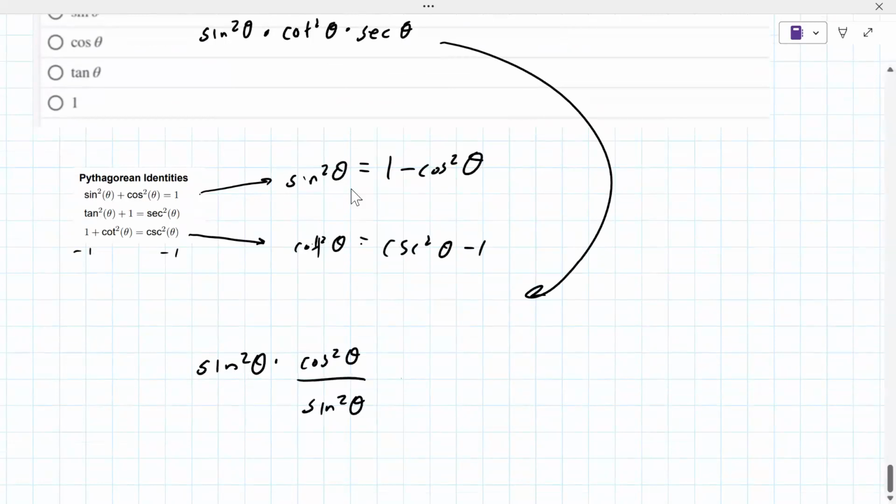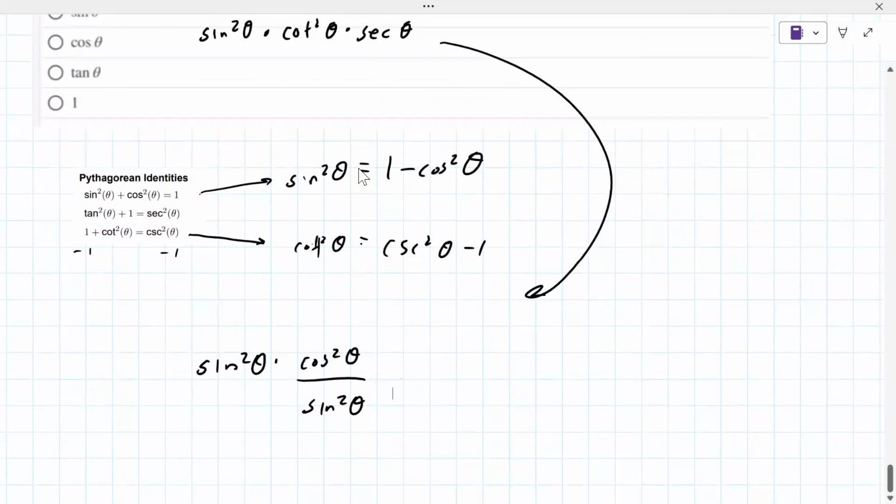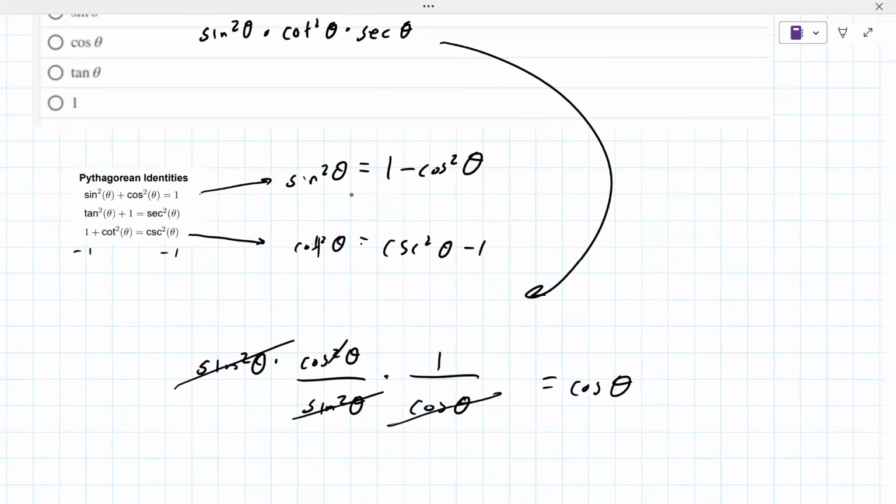Those cancel. And then secant is 1 over cosine theta. So one of those cosine theta cancels one of the cosines, leaving just cosine theta there.